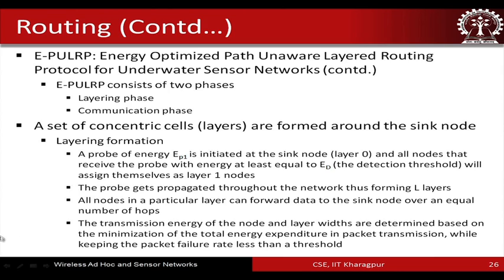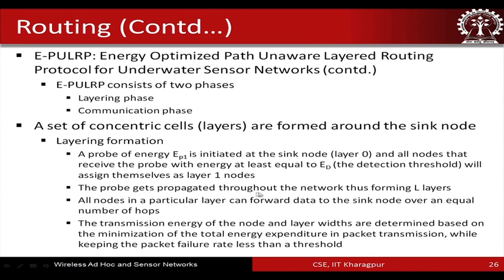The phase for forming the layers is called the layering phase, and once the layers are formed, you get into the communication phase. In the layering phase, a probe of energy EP1 is initiated at the sink node in layer 0, and all nodes that receive the probe with energy at least equal to ED, which is the detection threshold, will assign themselves as layer 1 nodes.